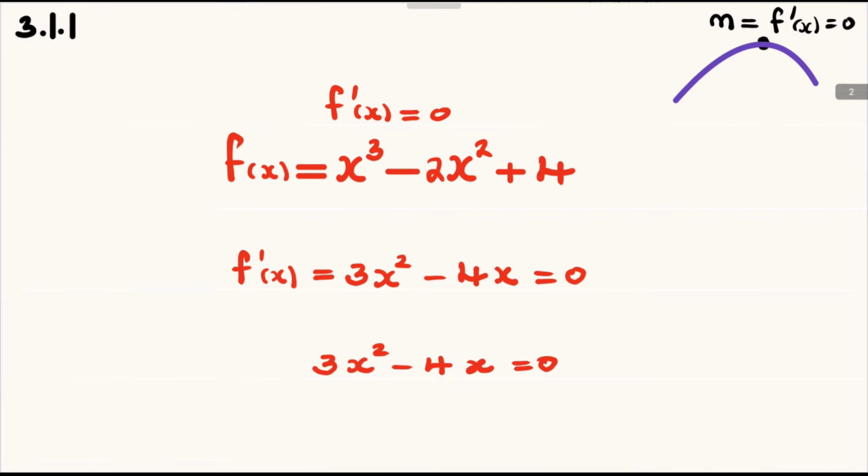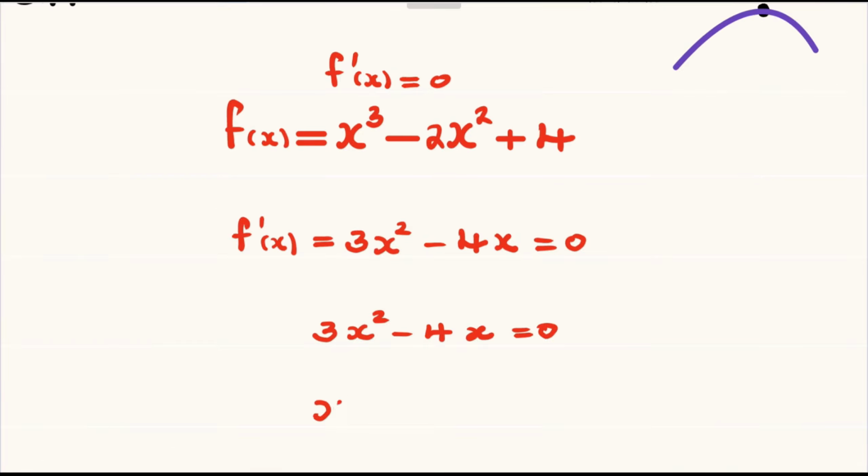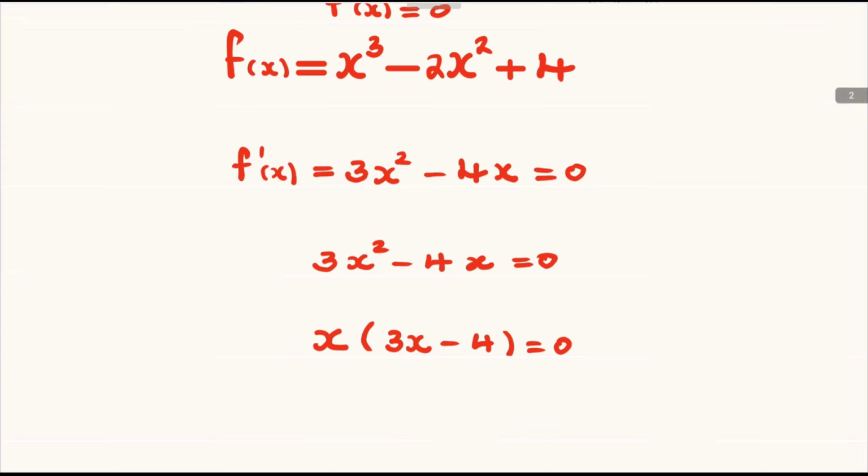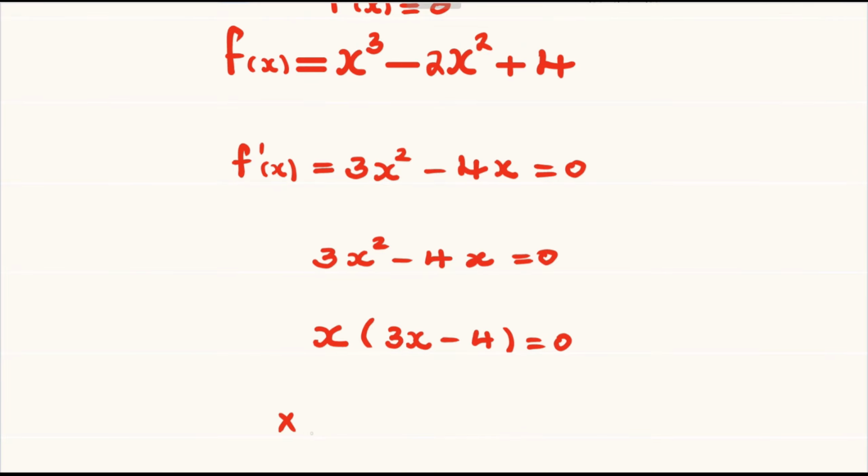Let's take x as our common factor. So we have x into 3x minus 4 is equal to 0. Now, x is equal to 0, or 3x minus 4 is equal to 0.